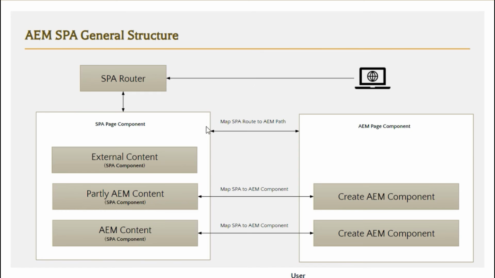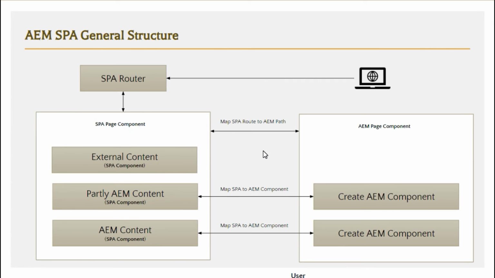The extra step which we need to do here is to map the SPA route to the AEM path. That mapping has to be done, so that whenever a particular URL comes to the single page application, it will call the AEM based on that URL.